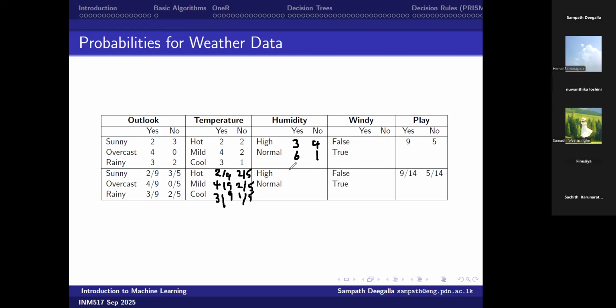Right. So then to get the probability values, we divide 3 by 9. We have 6 by 9, 4 by 5 and 1 by 5. So similarly, try with windy.